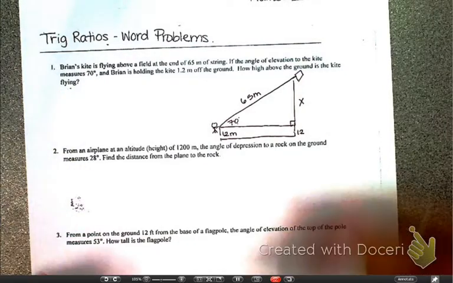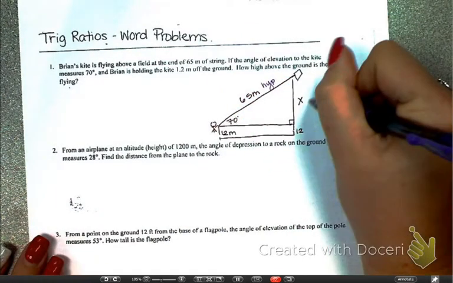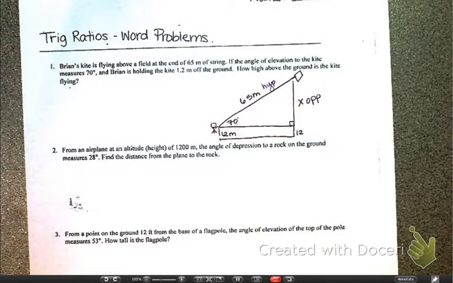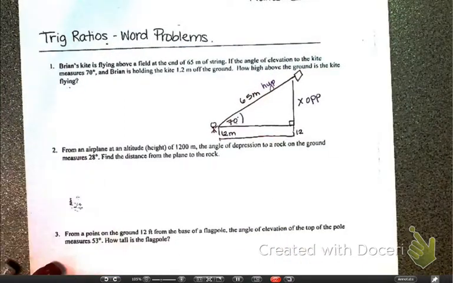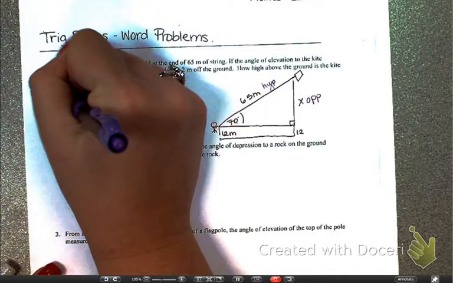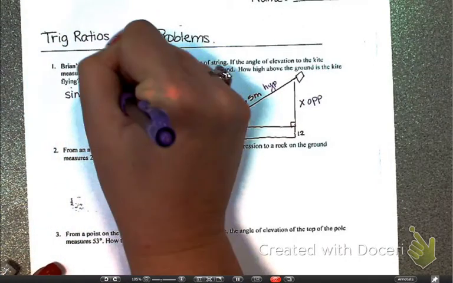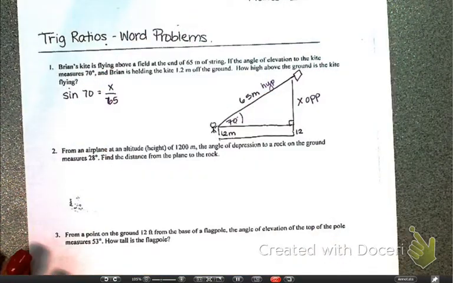I have the hypotenuse and the opposite. The 1.2 is not a part of your triangle. So opposite and hypotenuse is sine. The sine of 70 equals the opposite, whoops, that should be a 65, over the hypotenuse.